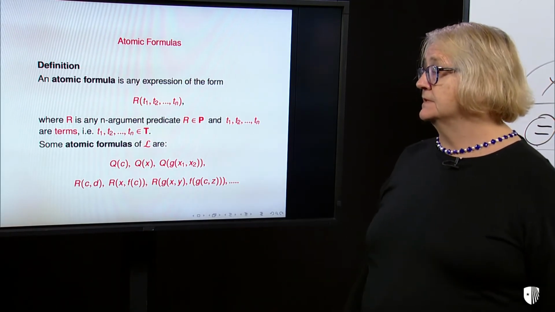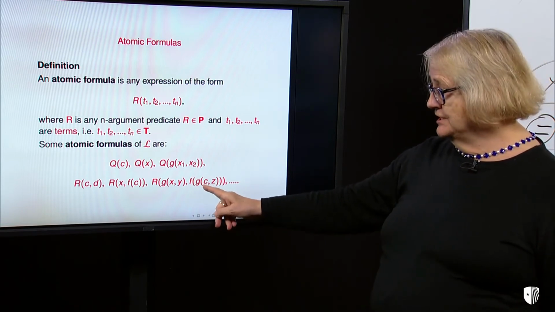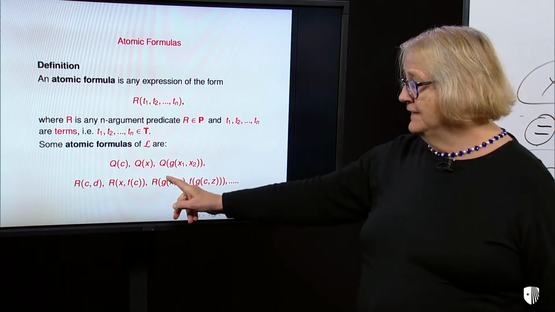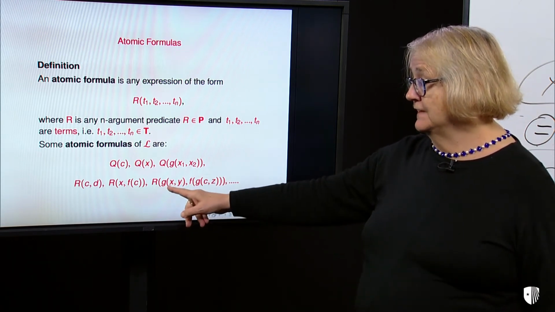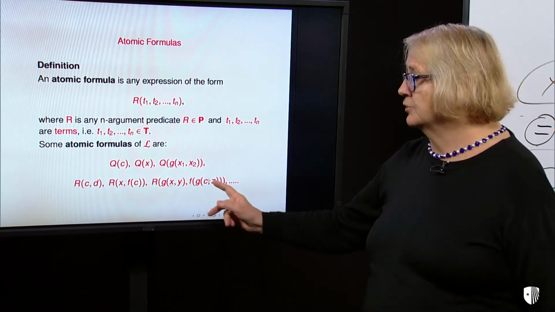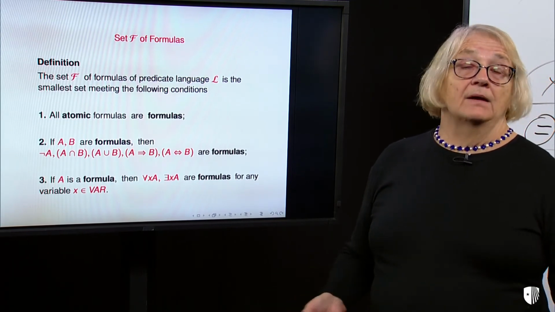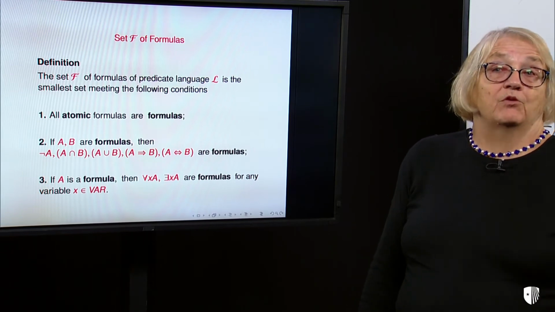And you see here f, g, c, z, this is the composition of functions. So this is a function, this is a composition of functions, this is a term, this is a formula, and here are two terms. And now the set of formulas is as before.